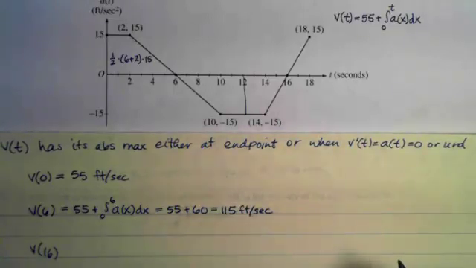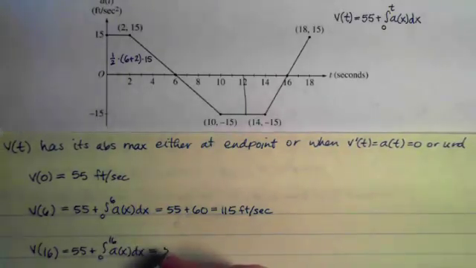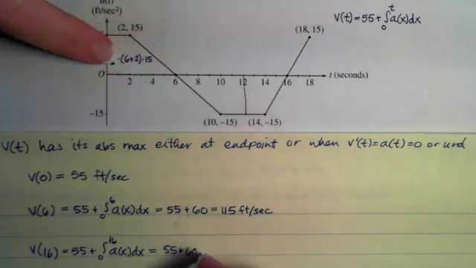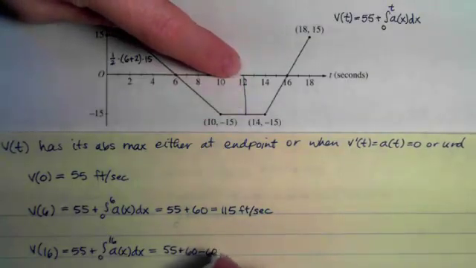If I look at 16, now I'm going to accumulate from 0 to 16. So that's going to be the 55 I start with, plus this accumulation, which was 60, minus the accumulation to 12, which is 60.